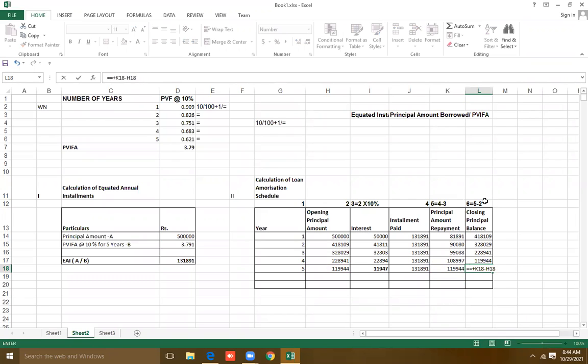Because if it shows some balance, it will not be correct logically. That's why we take the opening and the repayment the same for the last year and calculate the adjusted interest for making the closing balance 0. Understood this much, everybody? Yes or no?